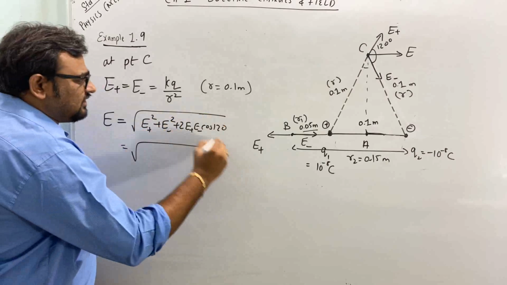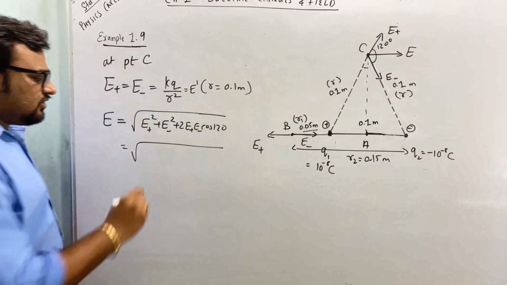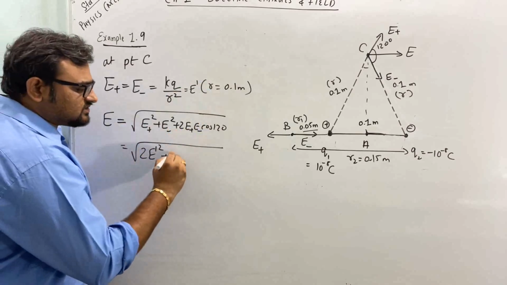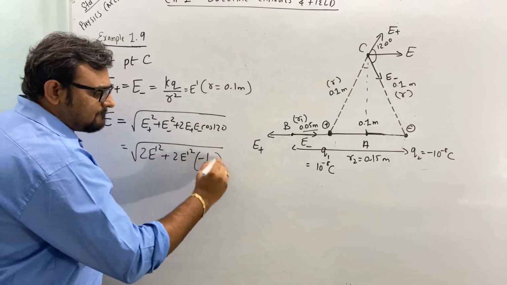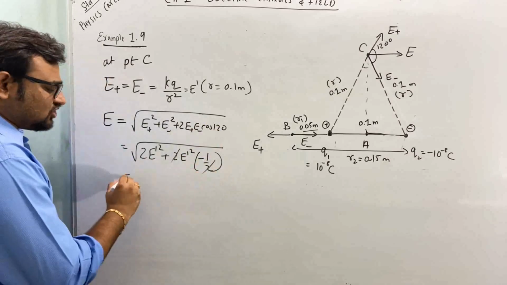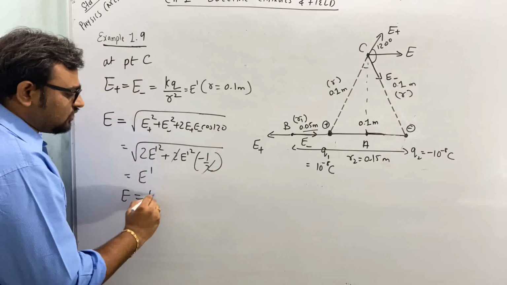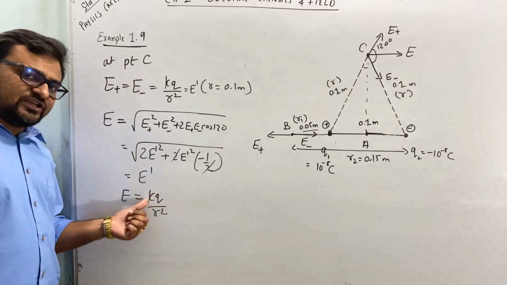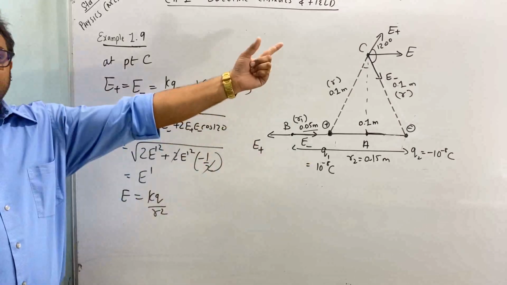So taking this as E dash, E dash square plus E dash square, 2E dash square plus 2 into E dash into E dash, value of cos 120 is minus 1 by 2. So 2E dash square minus E dash square. So it will be E dash square, and square root gives E dash. So E is equal to KQ by R square. Put the values: k 9 into 10 raised to 9, q 10 raised to minus 8, r square 0.1 meter.